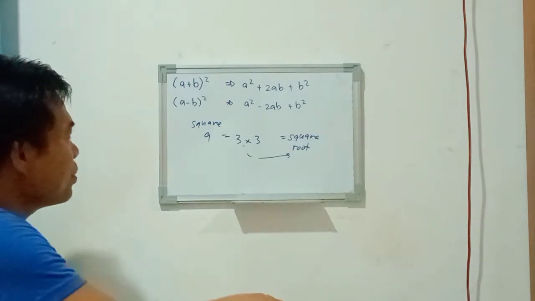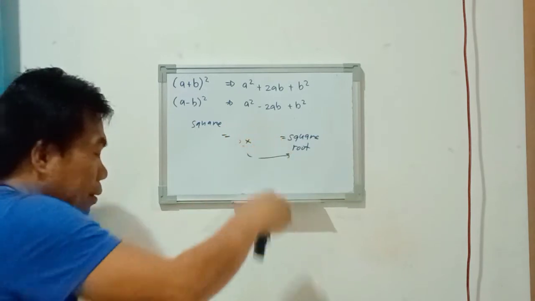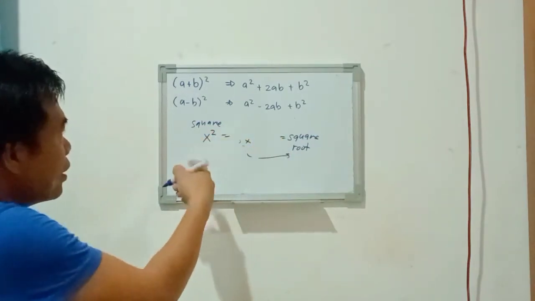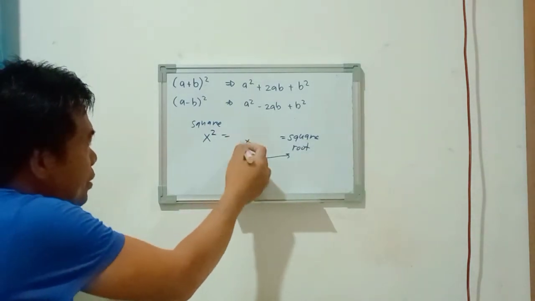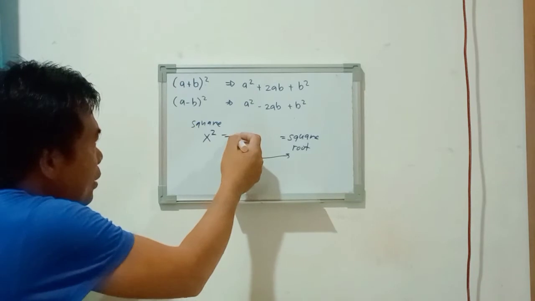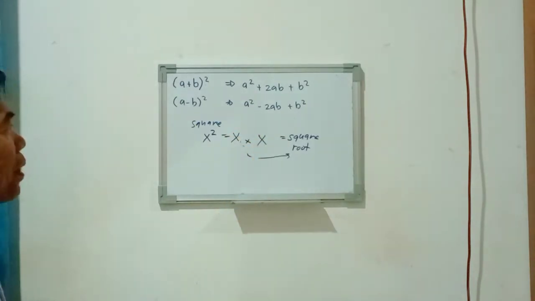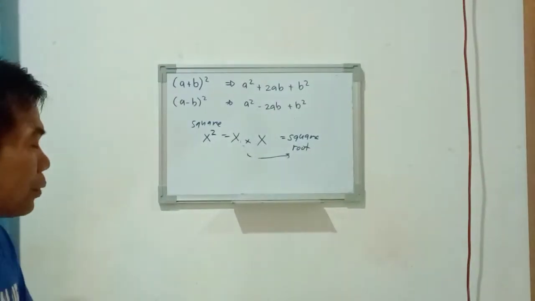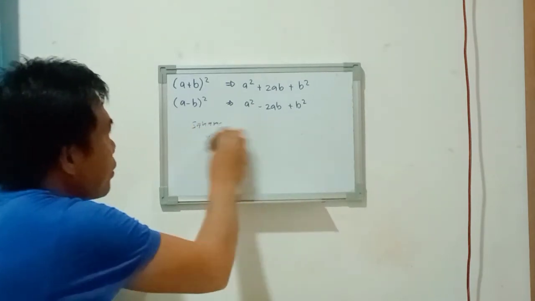Another example, x squared. X squared is a perfect square since x squared can also be written as x times x. So that is square and square roots for you. Let's proceed to factoring perfect square trinomials.